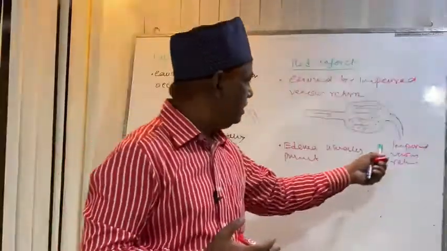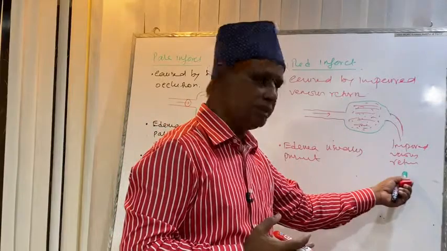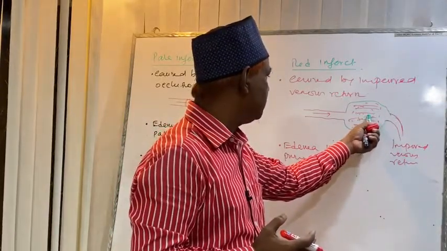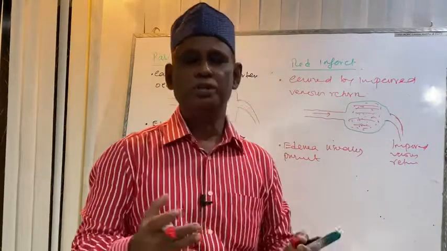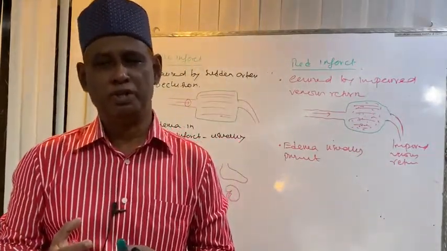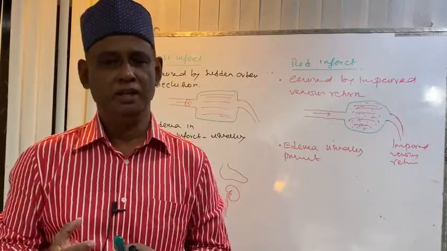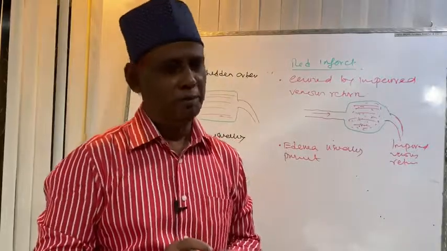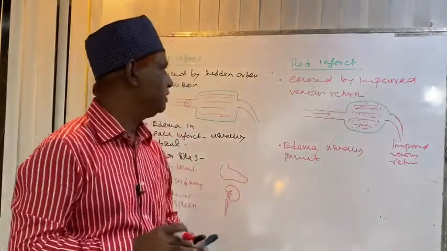Edema is usually present. Why is edema usually present in red infarct? Dear audience, there are common causes of edema. One of the common causes of edema is increased hydrostatic pressure in blood.